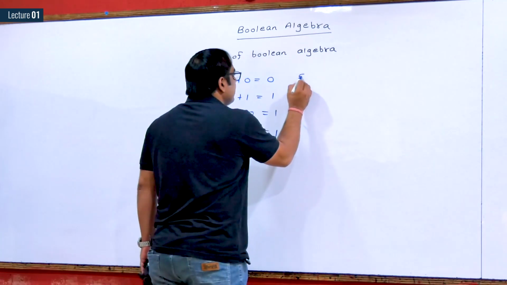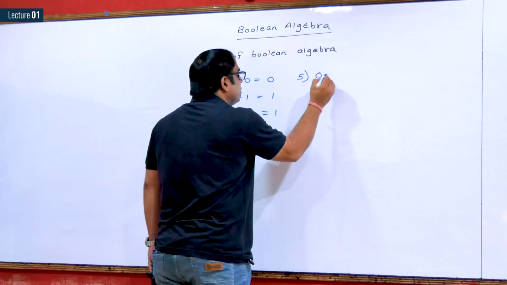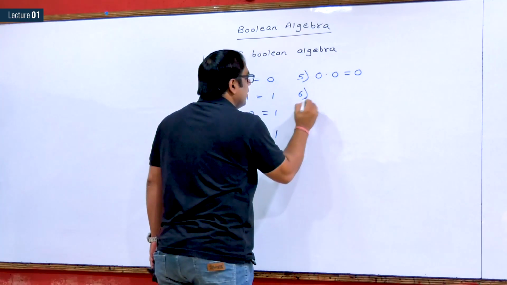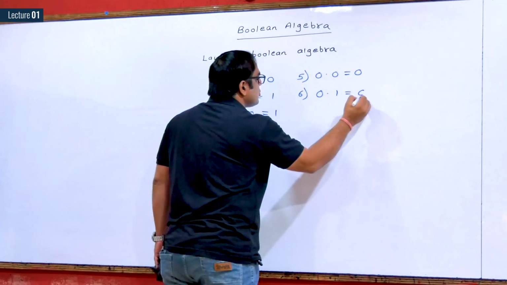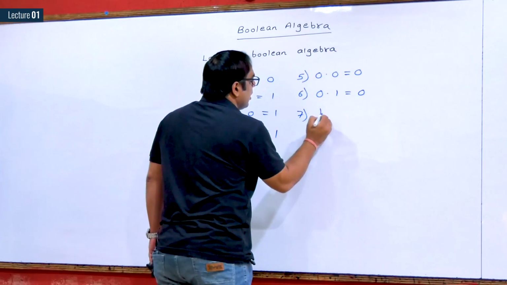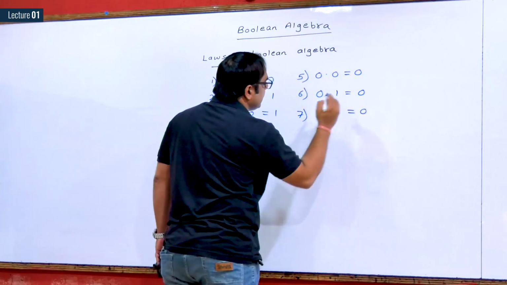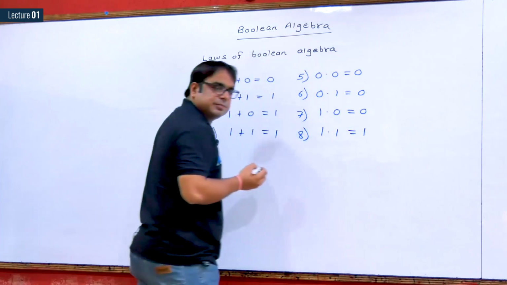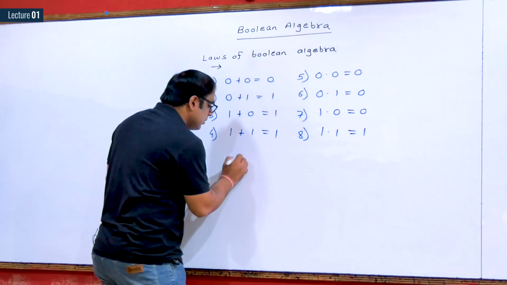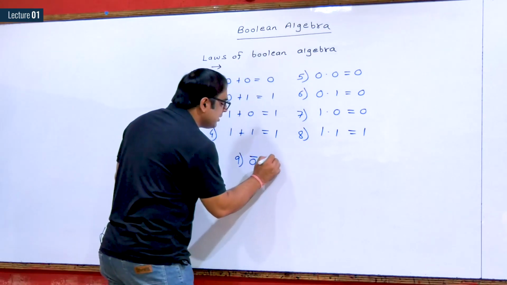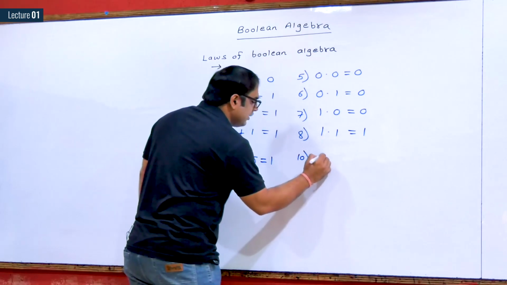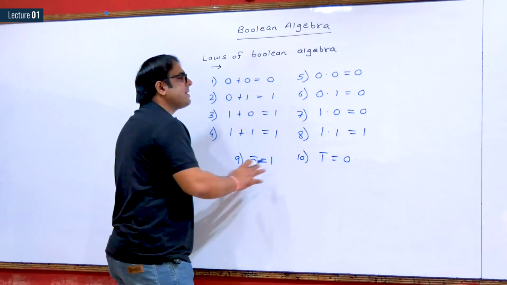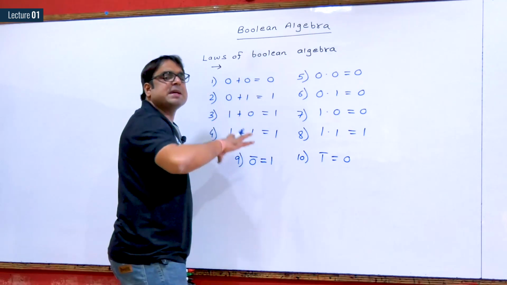In the same way, 0 dot 0 will be equal to 0, 0 dot 1 is also equal to 0, 1 dot 0 is equal to 0, 1 dot 1 is equal to 1, and complement of 0 is equal to 1 and complement of 1 is equal to 0.